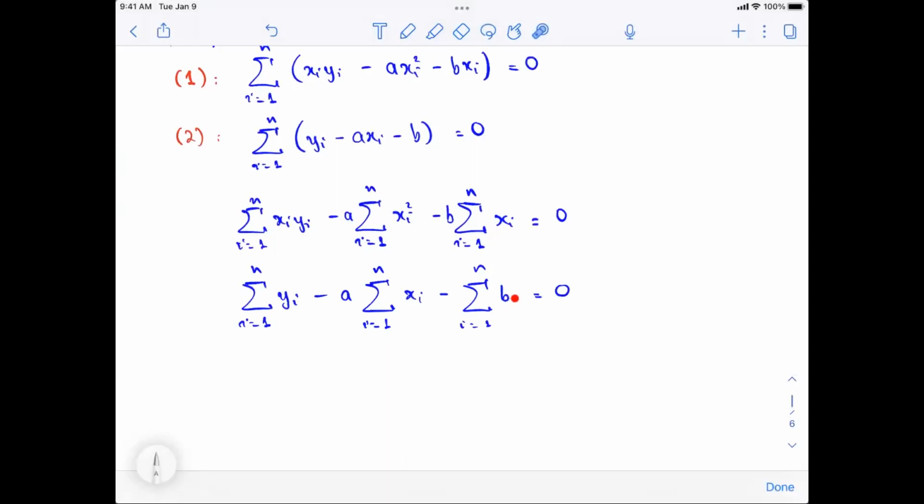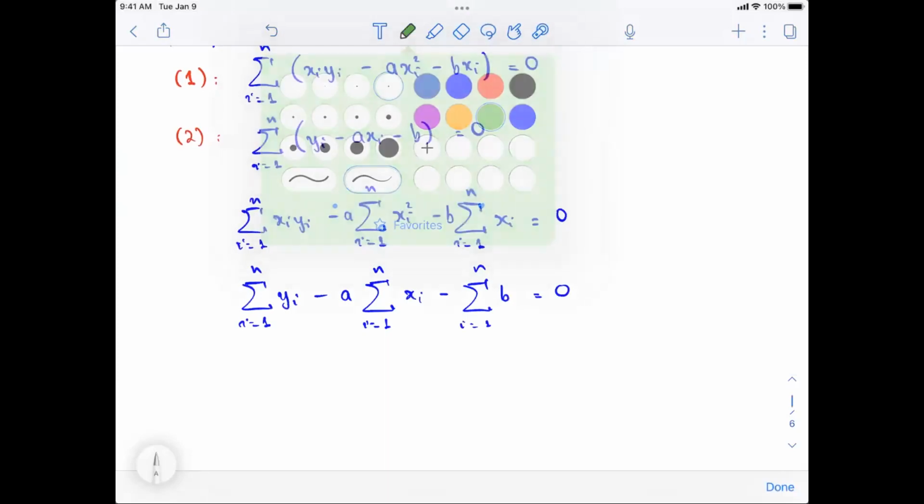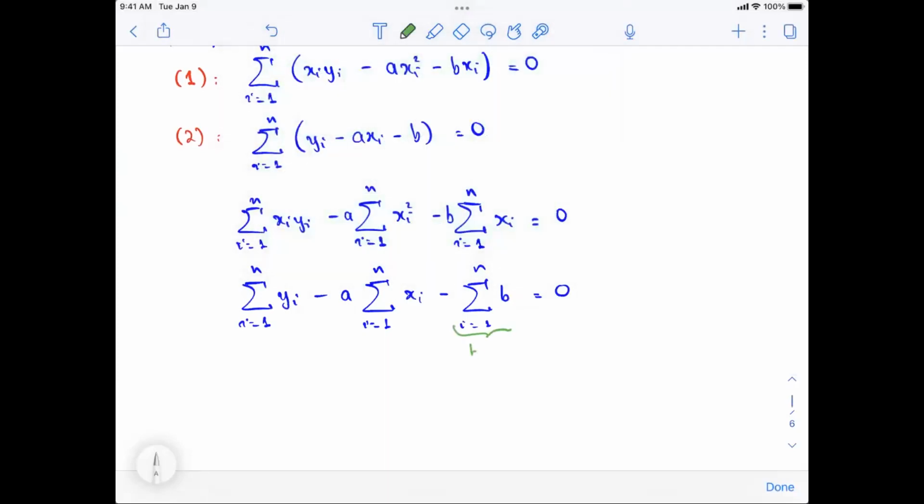So b does not depend on i. Therefore, you can bring that out of the summation operation. And because of that, this summation becomes b times n, for n is the sum for i going from 1 to n. So this is what you get.